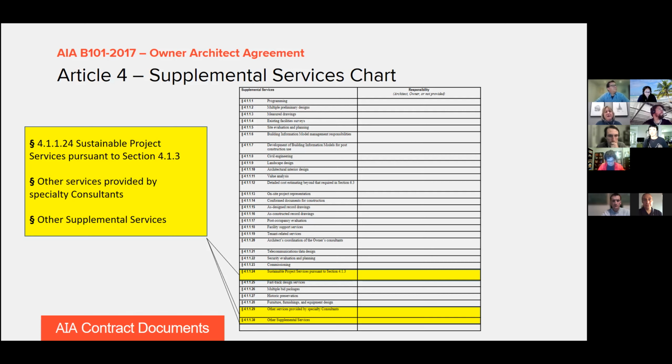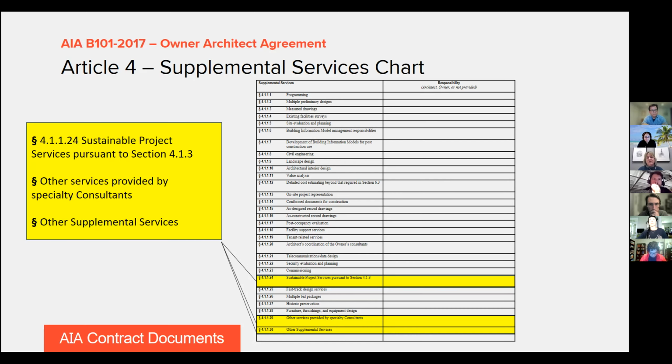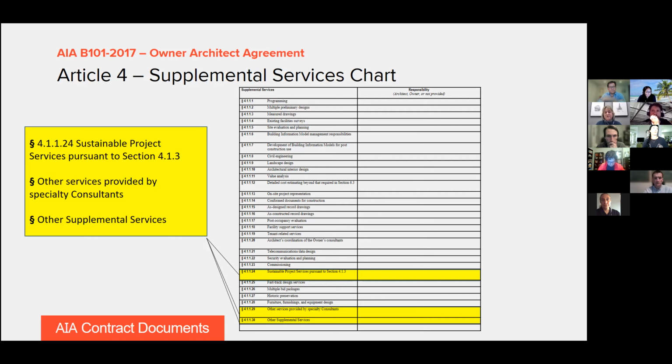And that could either be under your full services, if you're providing a wider range of sustainability services on the project, or if you're a specialty consultant, or if you just want to even list that under supplemental services, if you're the architect who's actually going to be providing those energy modeling services.